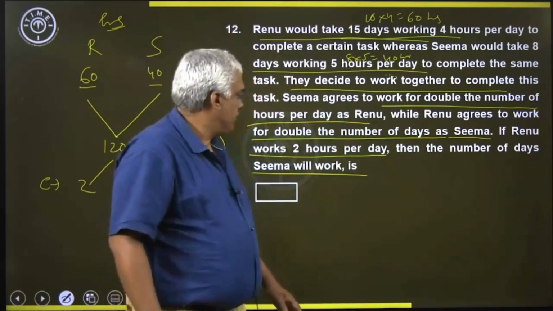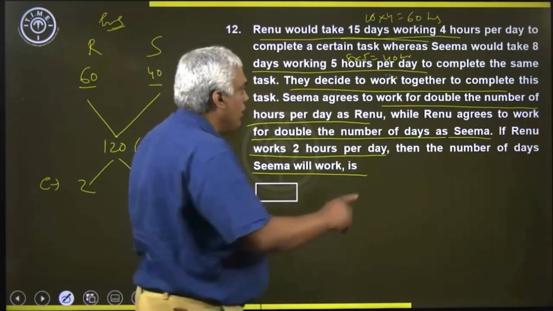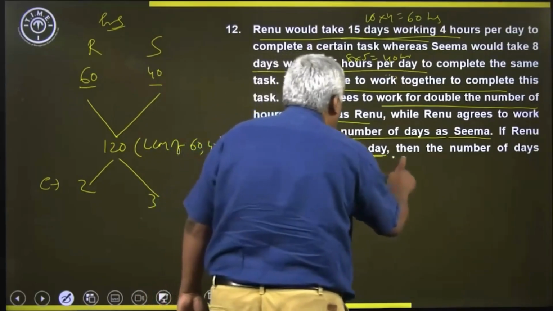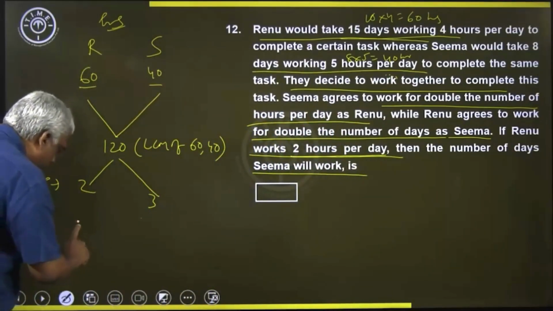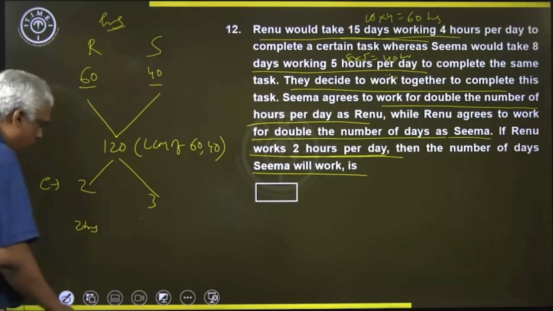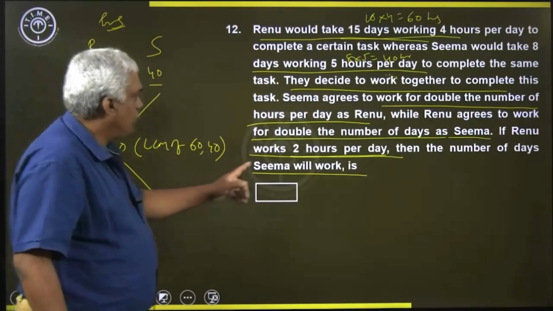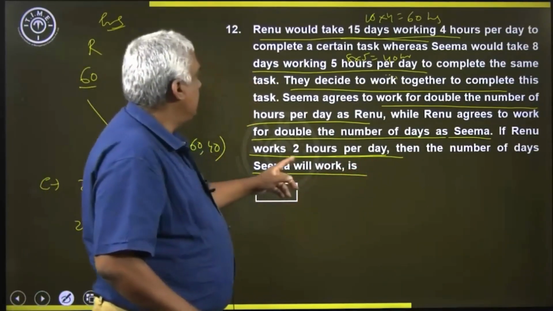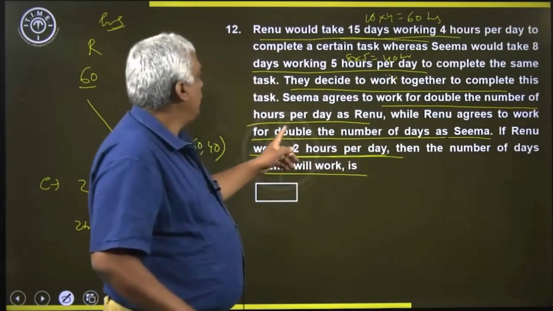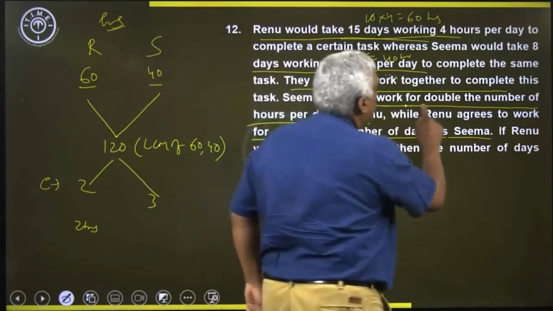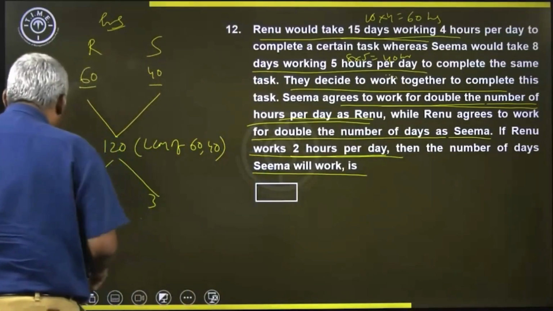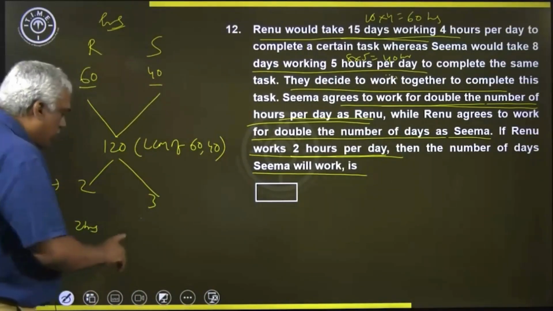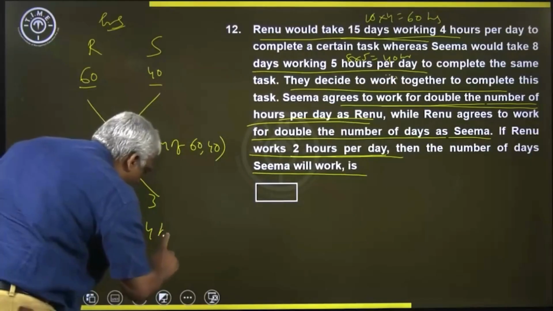Now the question says that Renu works 2 hours per day, and Seema agrees to work double the number of hours per day as Renu. So Renu is working 2 hours per day, so Seema is working 4 hours per day.